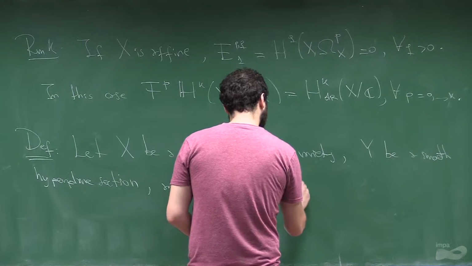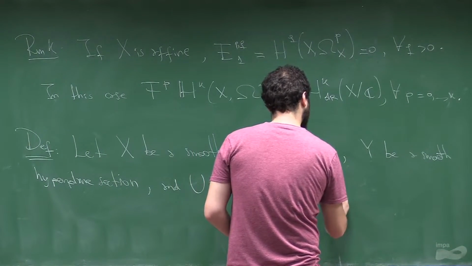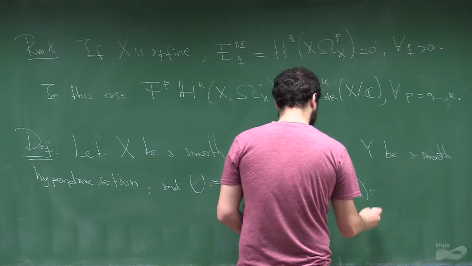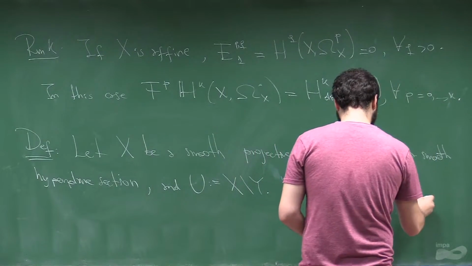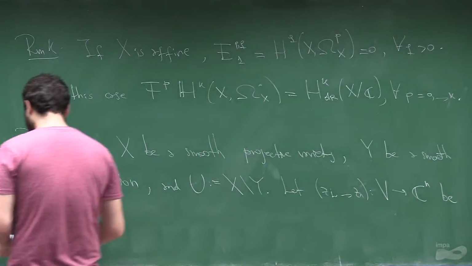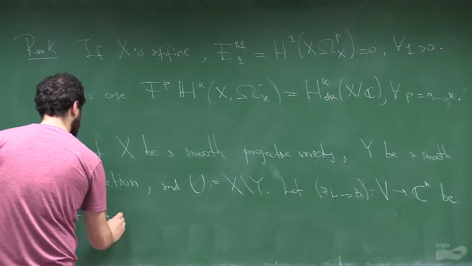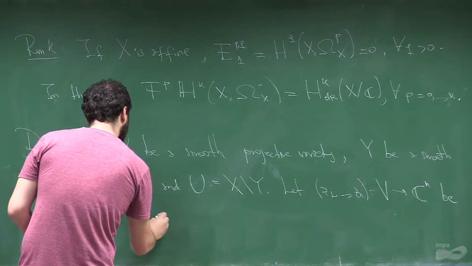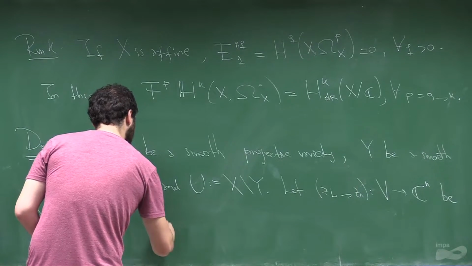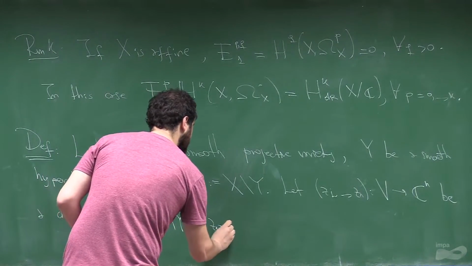So let z_1 up to z_n be a chart such that the divisor in the chart corresponds to z_1 equal to 0.